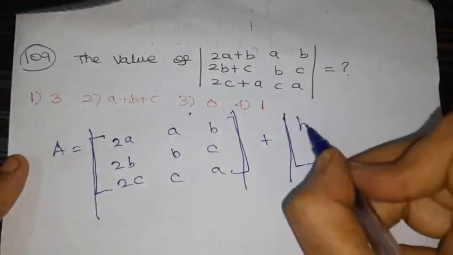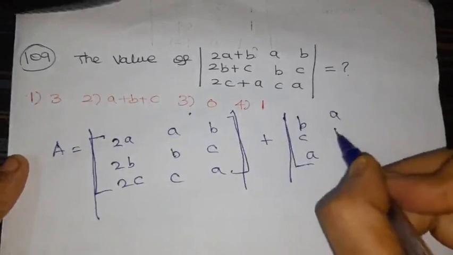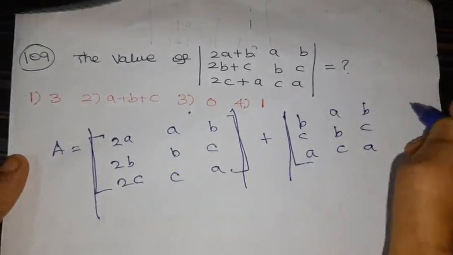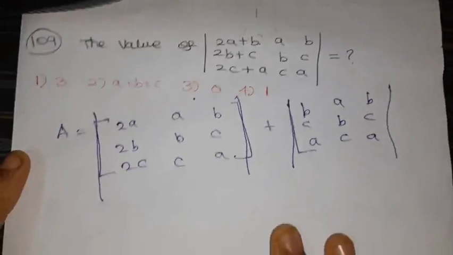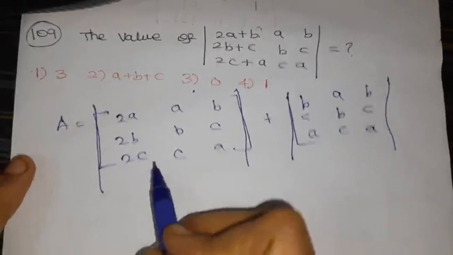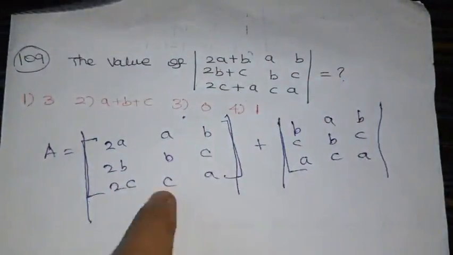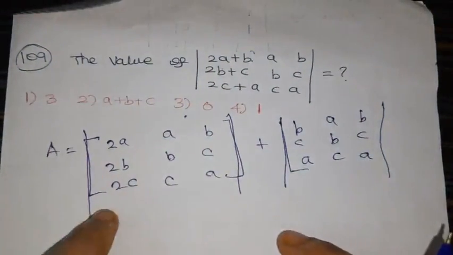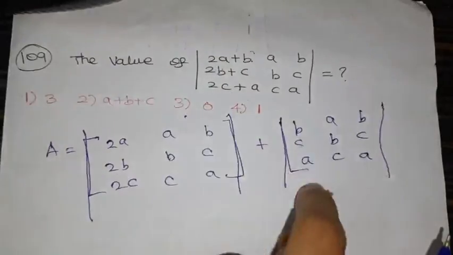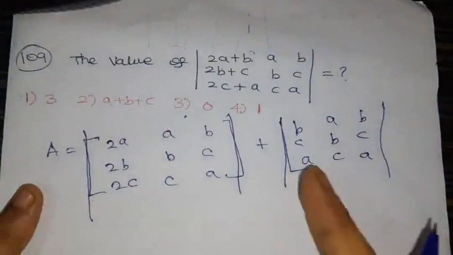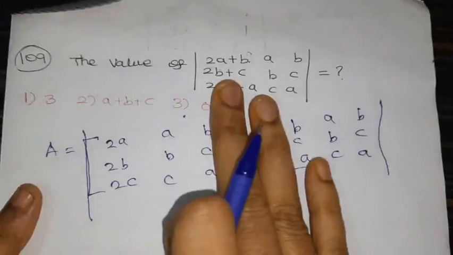The remaining two columns will remain the same as they are. When we add them, the original will come back.